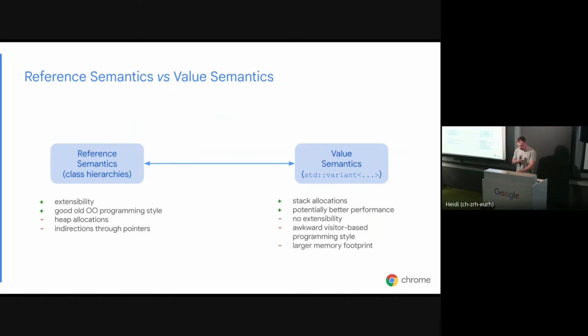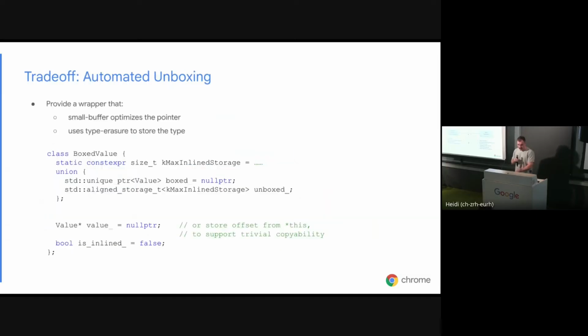So the question is, can we have something in the middle? In C++, of course, we can have some automated unboxing. I don't know, I call it so, but the idea is really simple. It's based on type erasure, the same technique that is used for std::function, and on small buffer optimization.